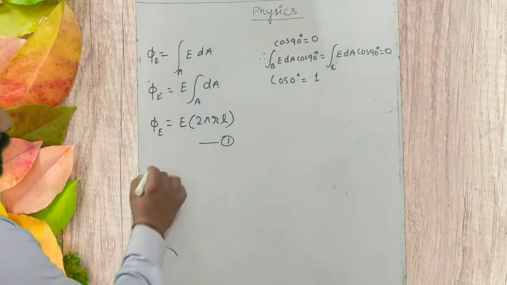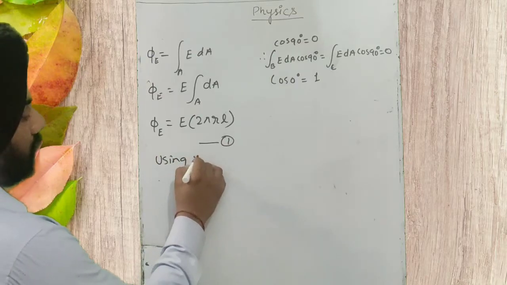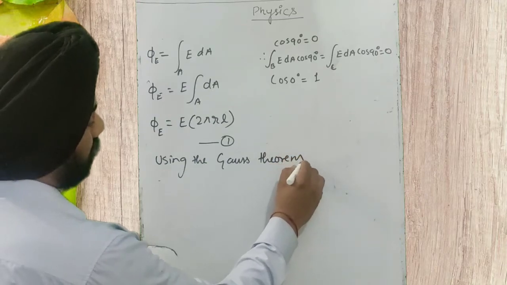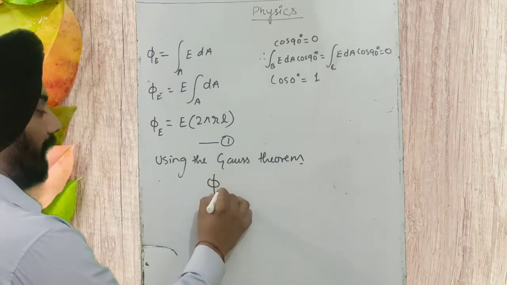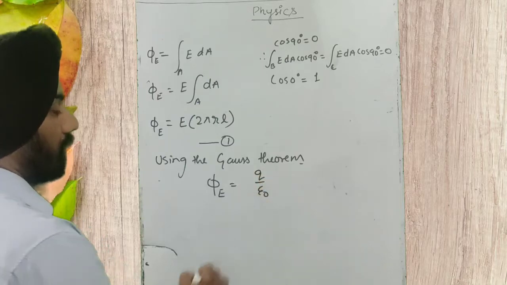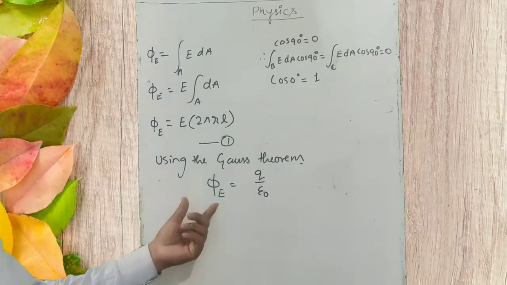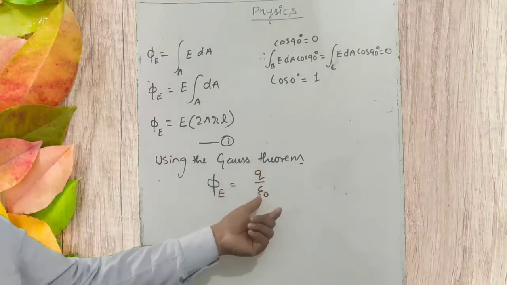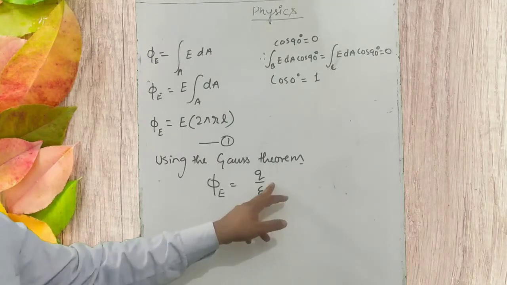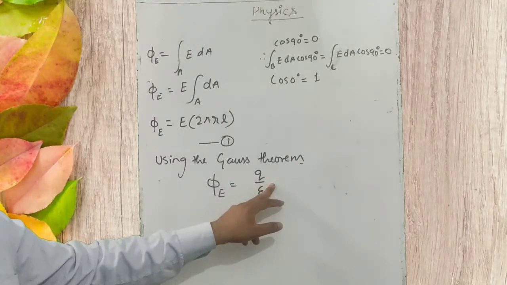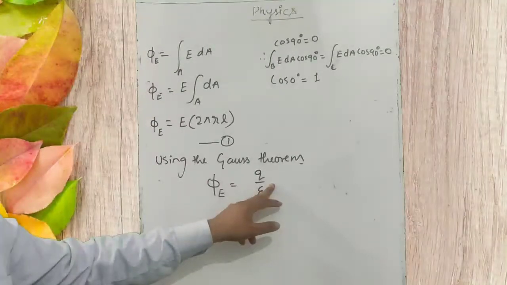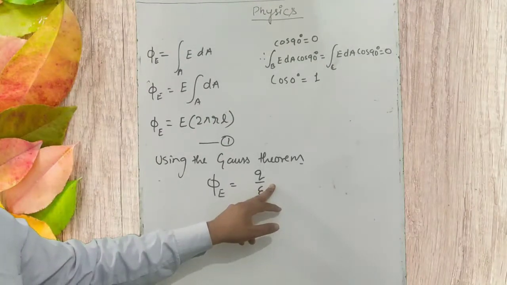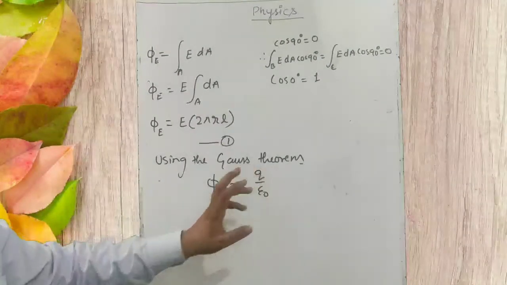So the Gauss theorem explains that phi E is equal to Q by epsilon naught. The flux given out by a closed surface is 1 upon epsilon naught times the charge enclosed by the surface. And how much charge was enclosed inside the surface? It was Q, which we have considered as lambda L.